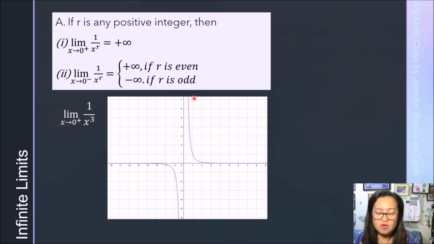Therefore, we can say that the limit of 1 over x cubed as x approaches 0 from the right is positive infinity.